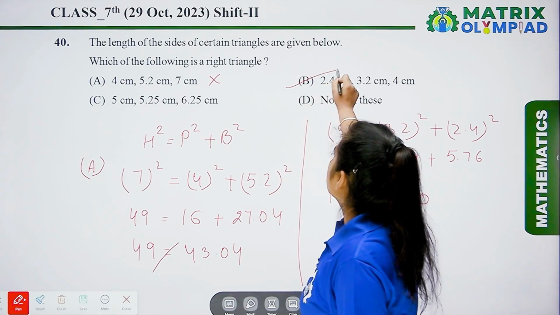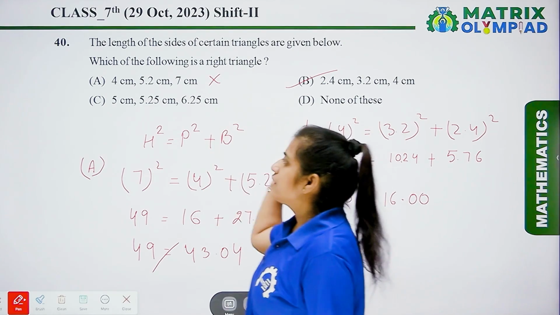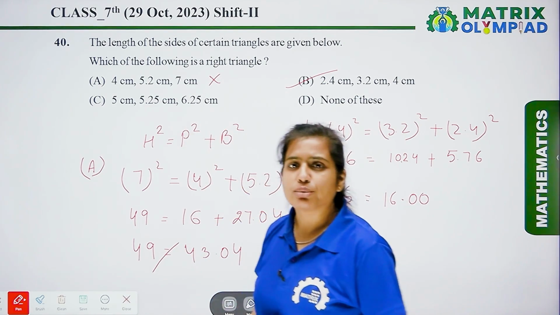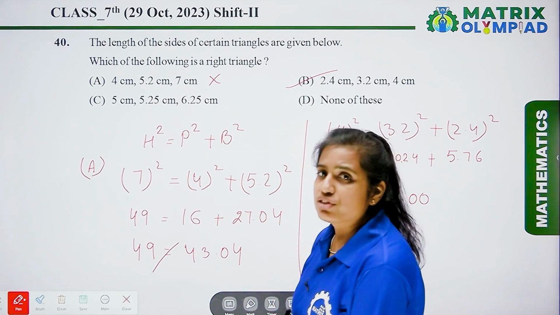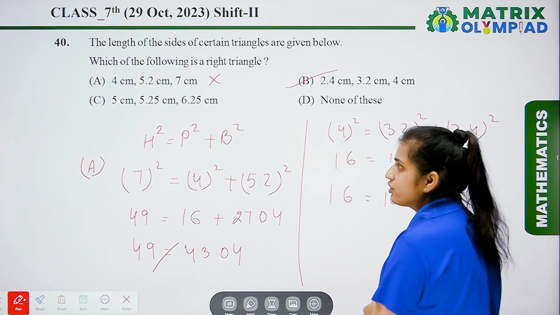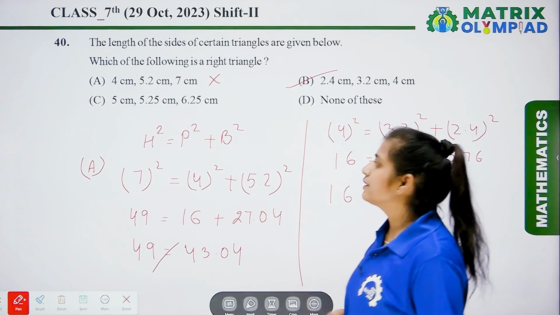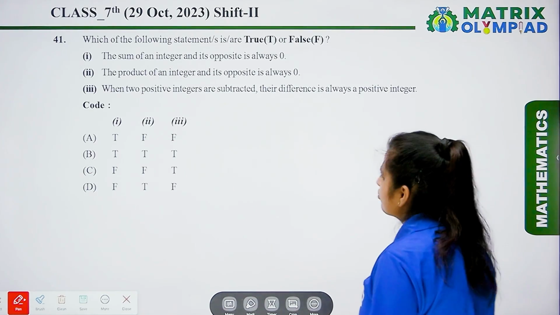So here option B is the correct answer. In the same way we can solve C option also, and we can check whether LHS is equal to RHS. So here option B is the correct answer.